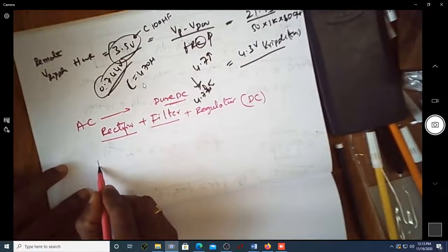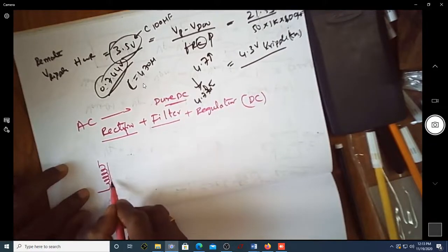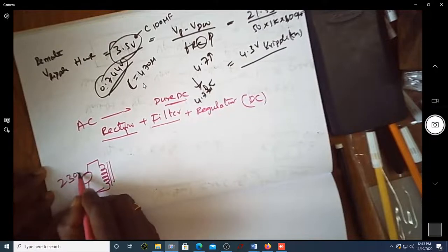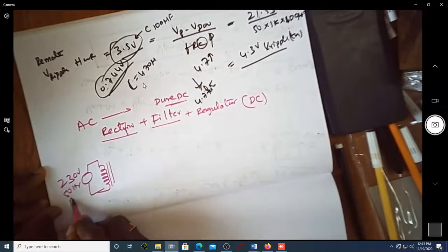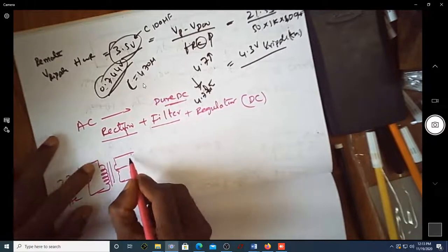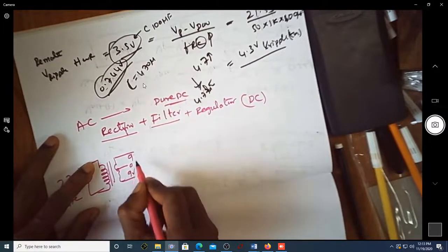So let us start writing the circuit diagram. This is my 230 volt 50 Hertz AC signal. Of course, I'll relate it to the circuit in the remote lab.